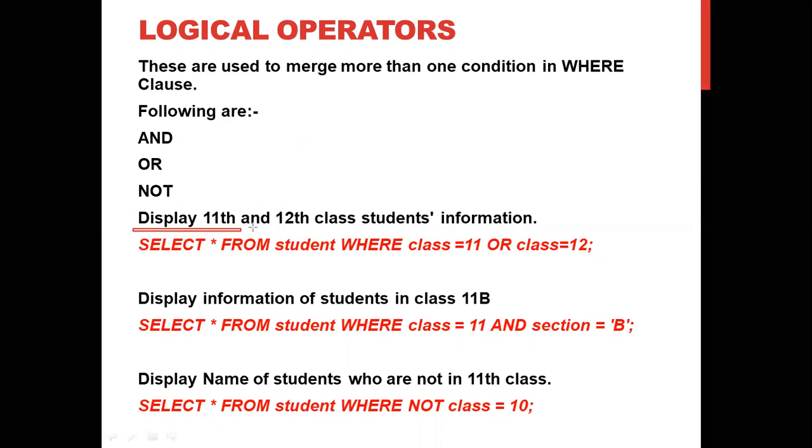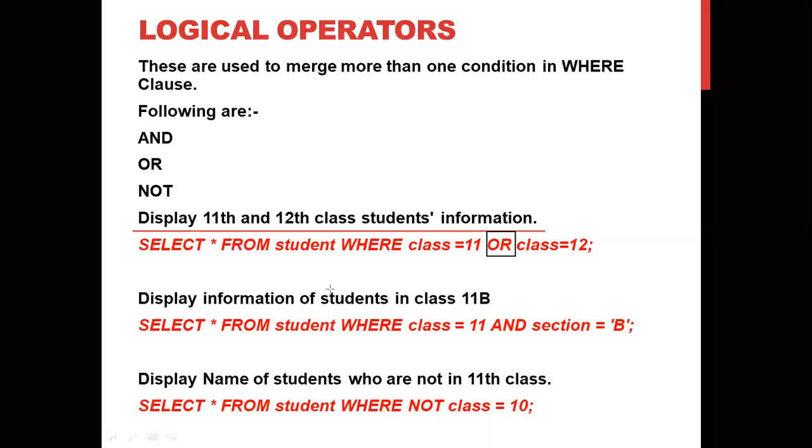Display 11th and 12th class student information. It means we want to display the information of students studying in class 11th or 12th. Then we are using or. We are using here or, either in class 11th or class 12th.